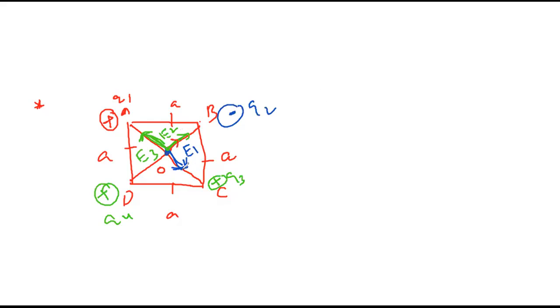That indicates if E1 and E3 are equal, then they will cancel each other. So the resultant will come only from E2 plus E4. If E1, E3 are the same in magnitude, then the resultant will be E2 plus E4.